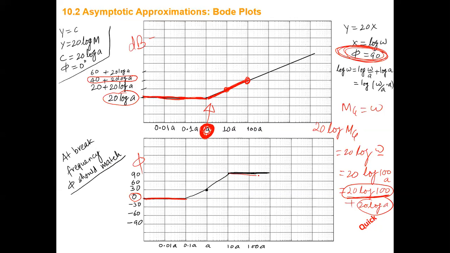Similarly, we had this here, right? The break frequency is A, right? How do you fill this in here? Do you continue this way? This way? They never meet. They are supposed to meet, right? At the break frequency, they are supposed to intersect. So what do you think you should do in between in this case?